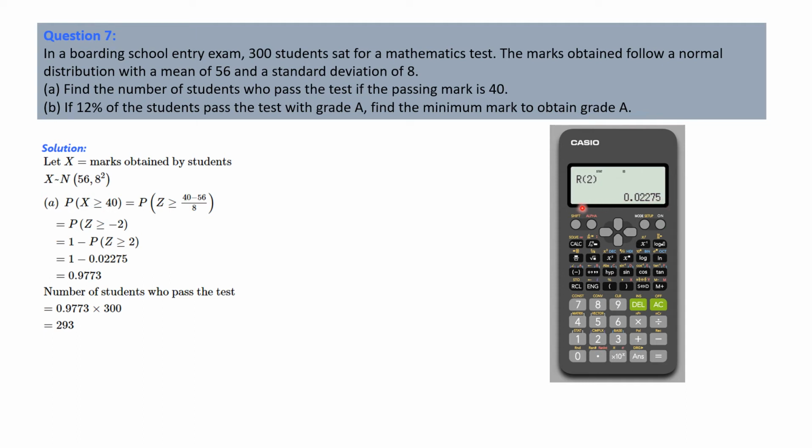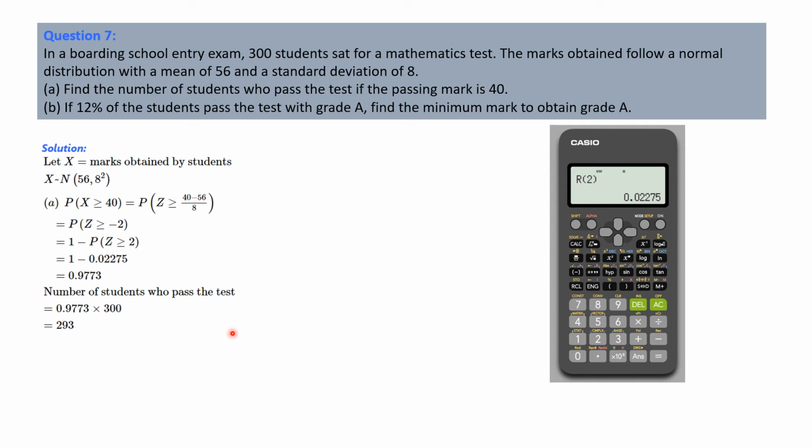Alright, so we use 1 minus 0.02275, we will get the probability of 0.9773. And when we want to find the number of students who pass, we have to multiply it with 300. And from here, we will have 293 students.